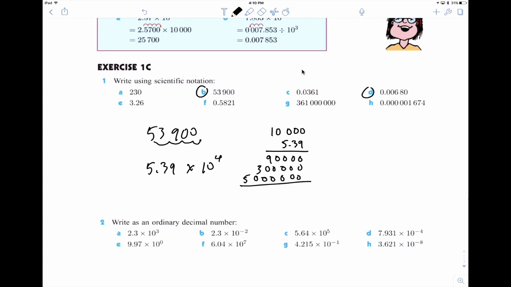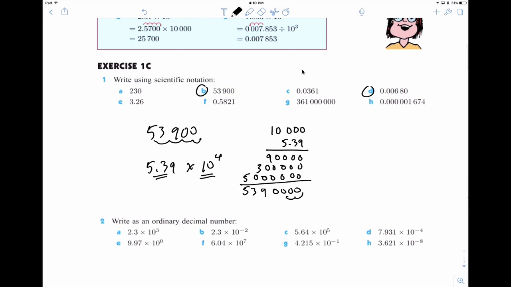And there we go. We add them all up. 2 decimal places to account for. So the final answer of 10,000, which is 10 to the power of 4, times 5.39 is indeed 53,900. It works. Scientific notation, of course, works.